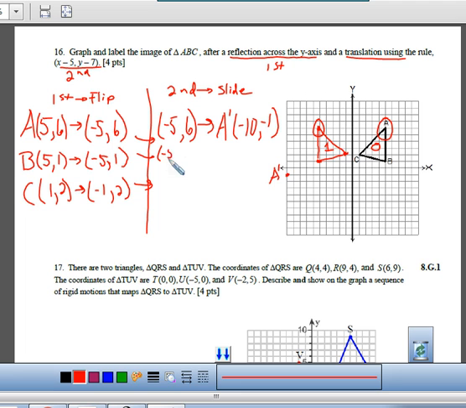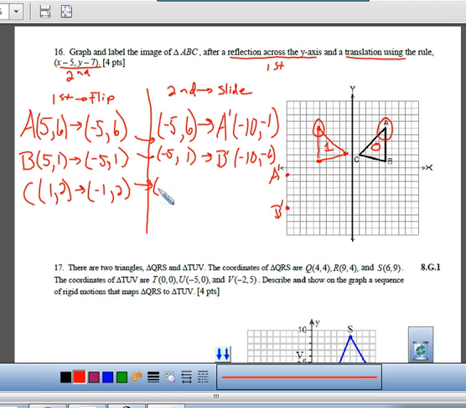The next one, negative 5, 1. If I subtract, so this is going to become B prime. So again, I have a negative 10 because negative 5 minus 5 is negative 10. 1 minus 7 is negative 6. So this point is further down. 2, 3, 4, 5, 6. That's right here. That's B prime.